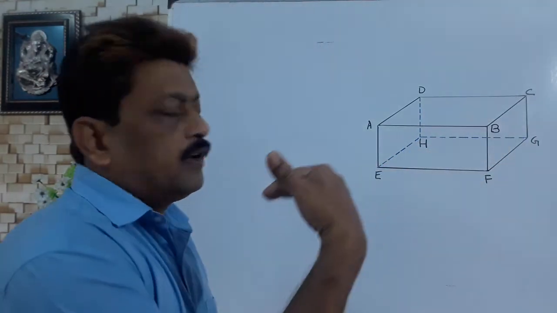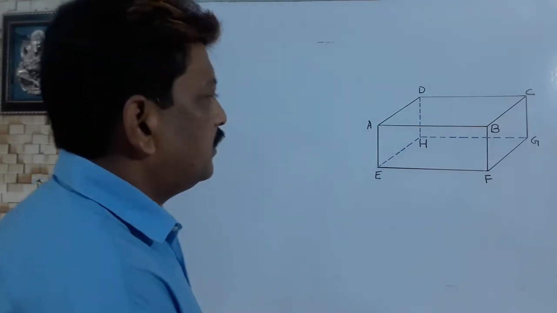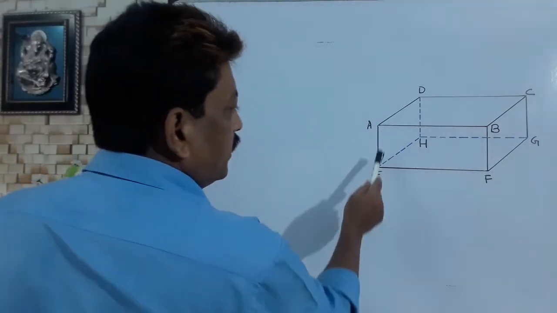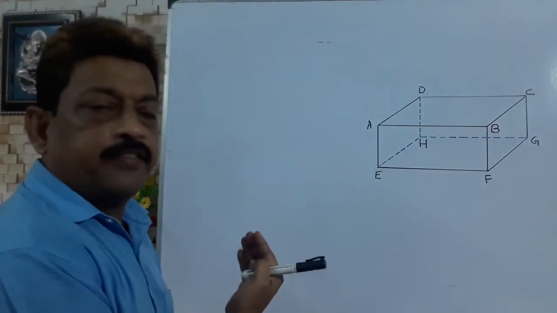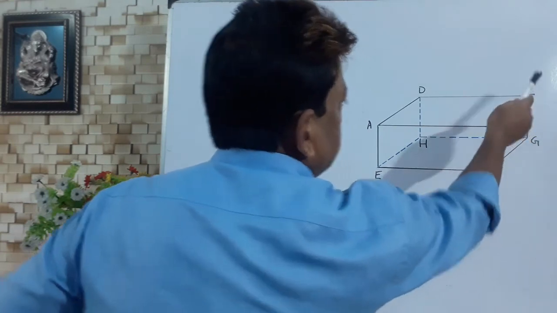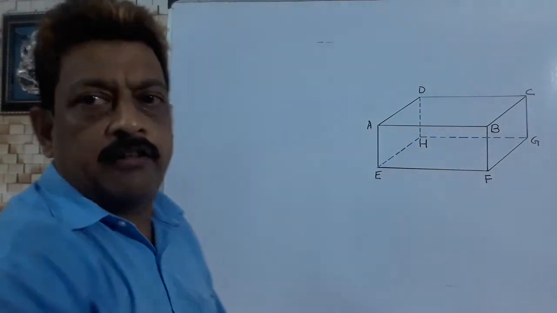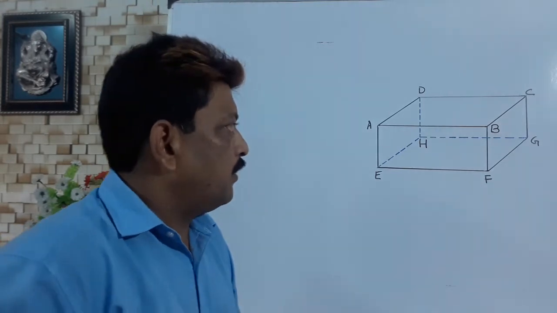BFGC is the right rectangular face. Similarly, AEFB is the front rectangular face, and BHGC is the back rectangular face. All total 6 rectangular faces.